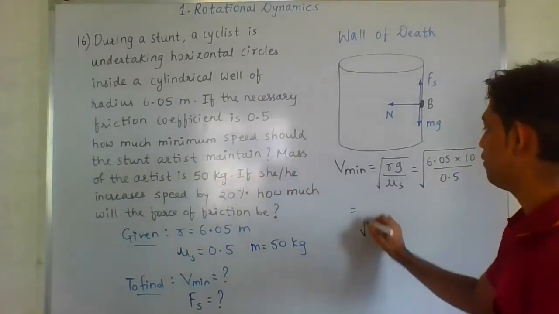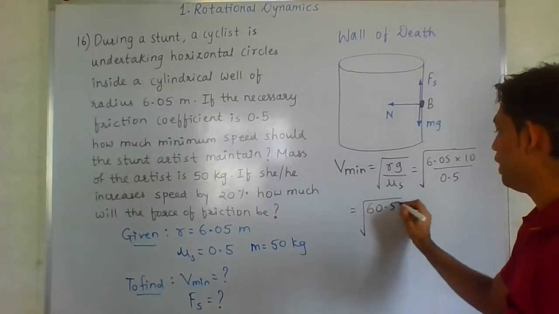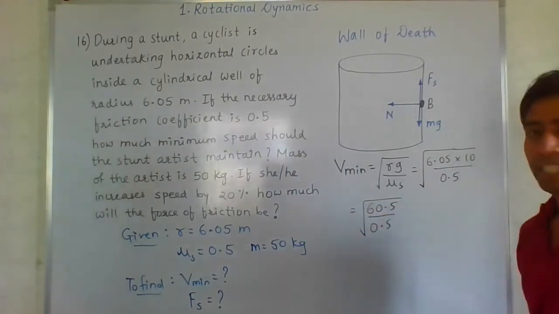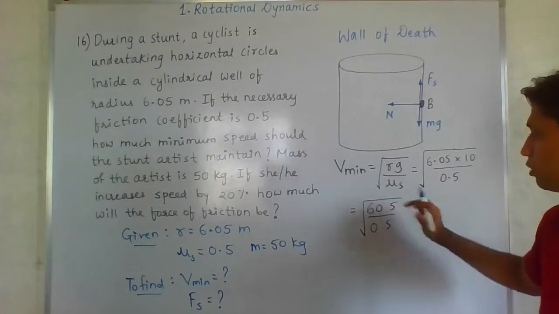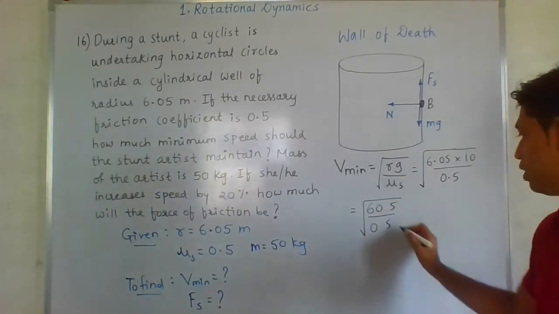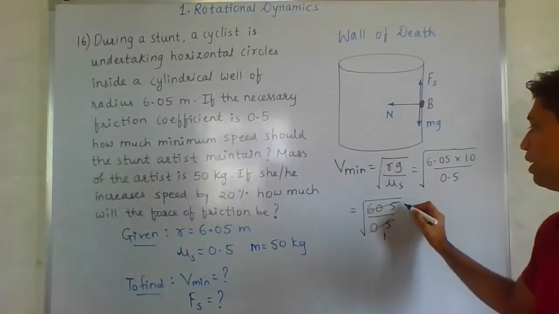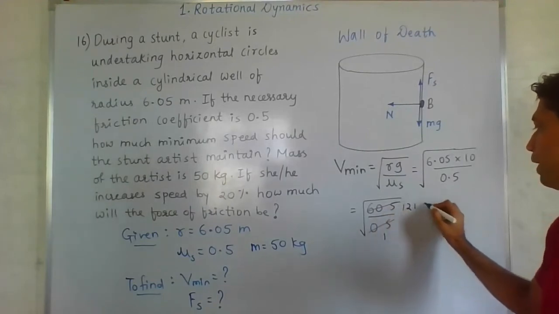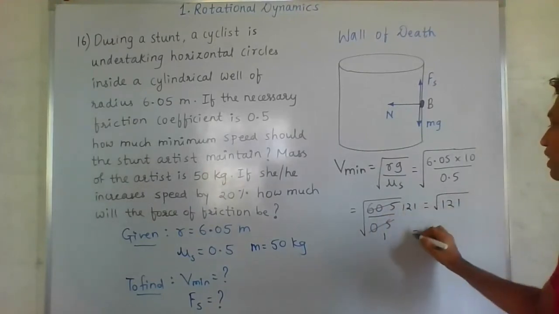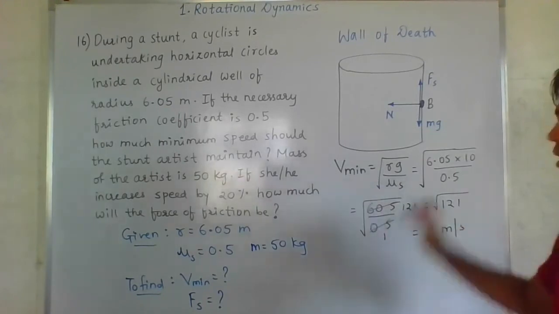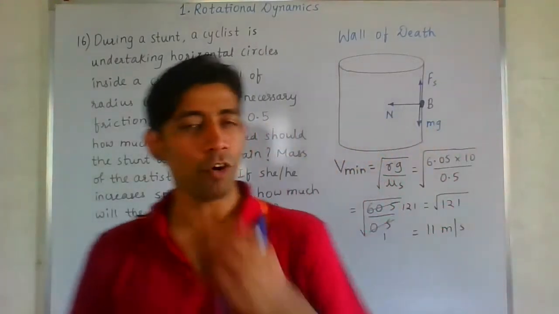So that is how I will get 60.5 divided by 0.5. डेसिमल हटा दो, so this will give you 605 divided by 5. So 5 ones are, this will give you 121. So square root of 121, it is very easy. 11 meter per second.